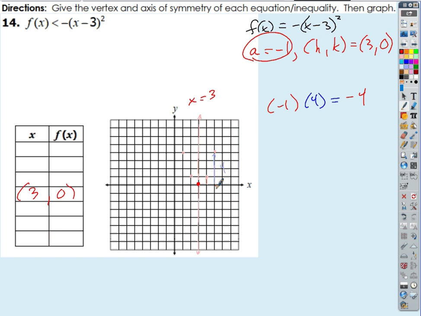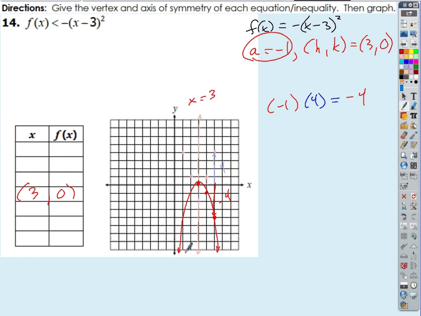So instead, I'm going to go down 4, and that's where my point's going to be, right? Instead of going over 1 and up 1, I'm going to go over 1 and up 1 times -1, which is down 1. So that's my parabola.